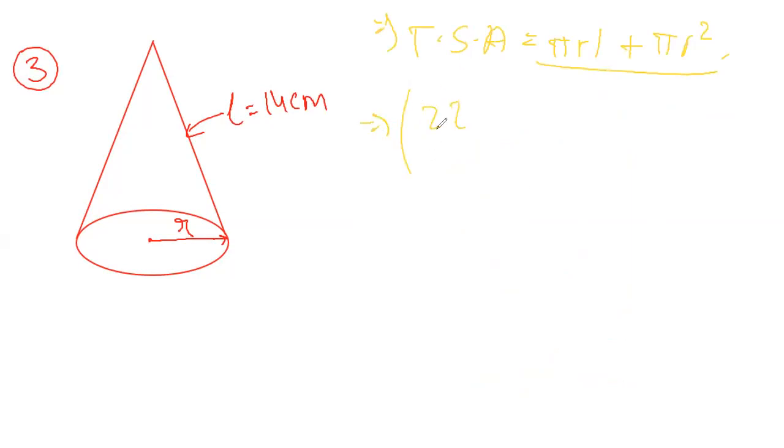So 22 by 7 into R. R was not given to us, but we have already solved that in the first question. The R is 7, into L, the slant height, that is 14, plus pi, 22 by 7, into R square. R square is 7 whole square. Okay, I'll write this some more neatly.